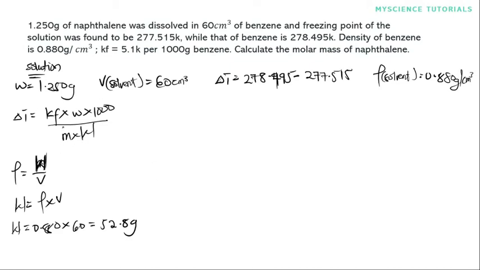Alright, so now that we have the value of our capital W, we can substitute that back into the formula and find the molar mass of the naphthalene. So if we make m the subject, we know we are going to get Kf multiplied by w multiplied by 1000, all over ΔT multiplied by capital W. Alright, so ΔT here, if we do the subtraction, we are going to get 0.98 Kelvin.